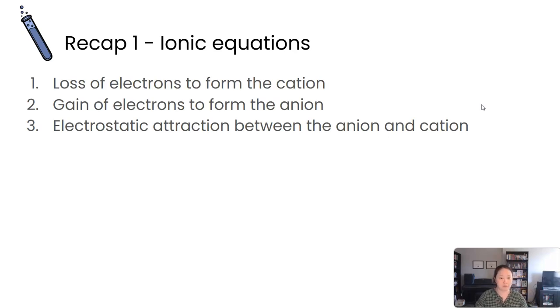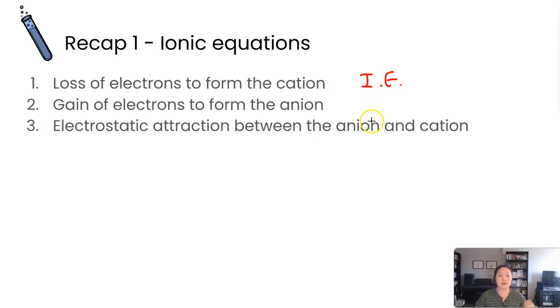Now this is relevant to your enthalpy related topics, your energetics, because there is energy associated with every single one of these steps. When we're looking at the loss of electrons to form the cation, that's ionization energy.